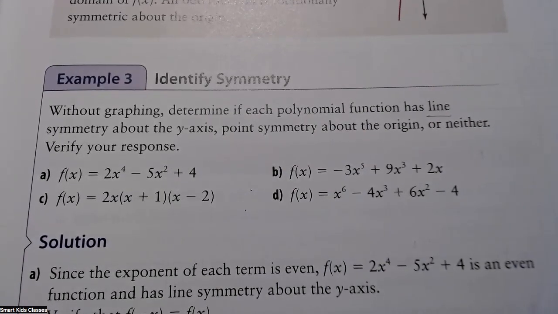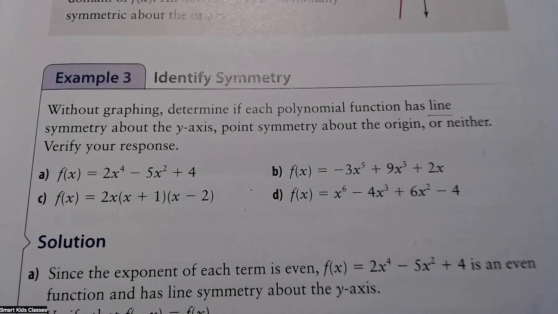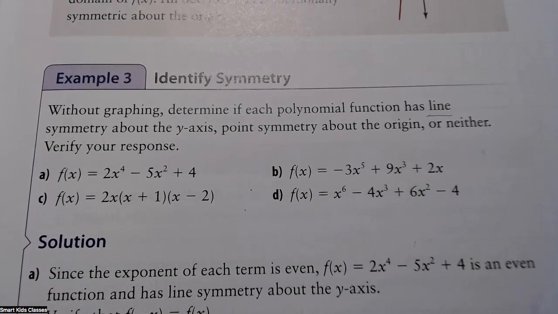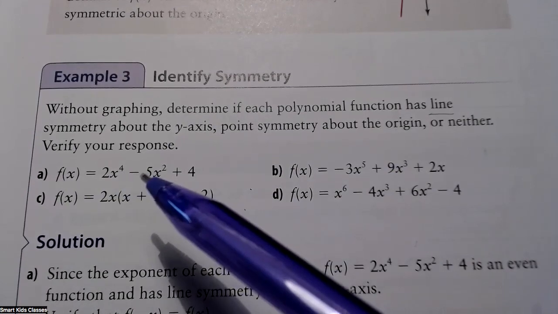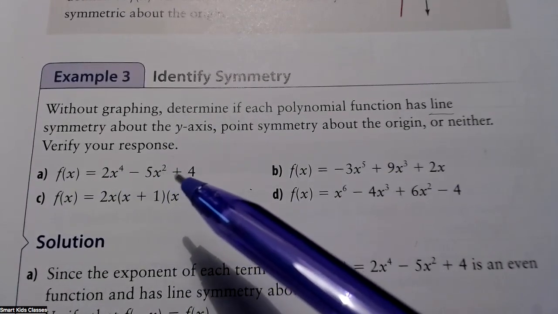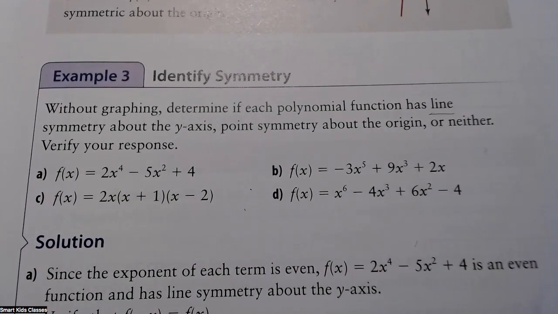Let's start with the first one, f(x) = x^4 - 5x^2 + 4. So this is an even function. I'm going to show it to you.